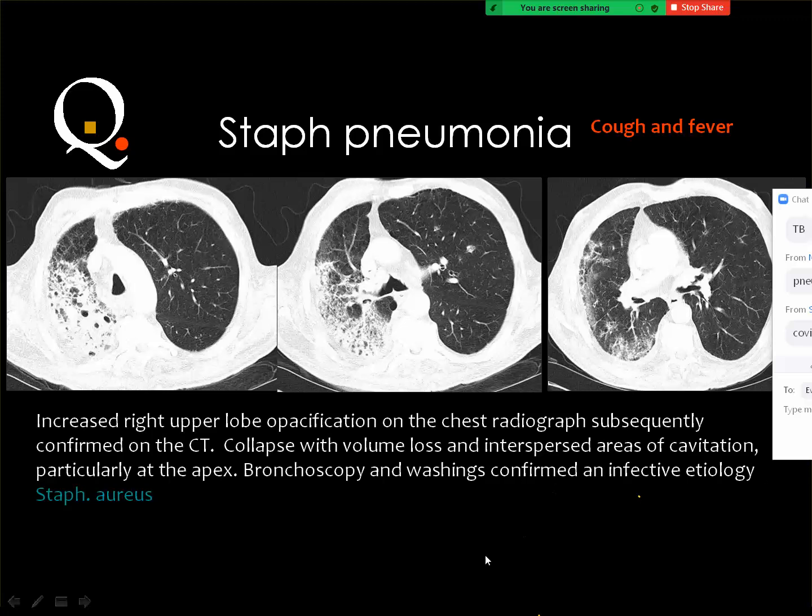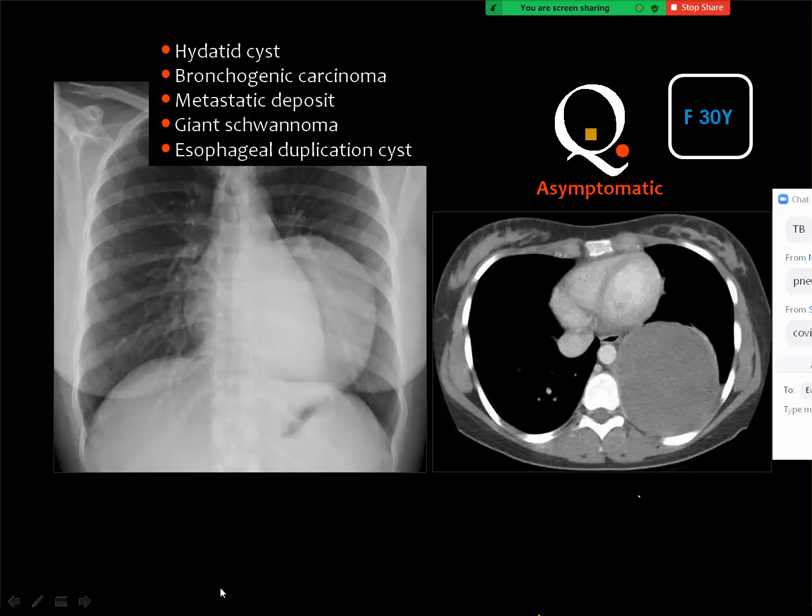This was confirmed to be simple staphylococcal pneumonia. Then this patient is asymptomatic, and she had a big mass located posteriorly, and these are the differential diagnoses: hydatid cyst, bronchogenic, metastatic deposit, schwannoma, esophageal duplication cyst.